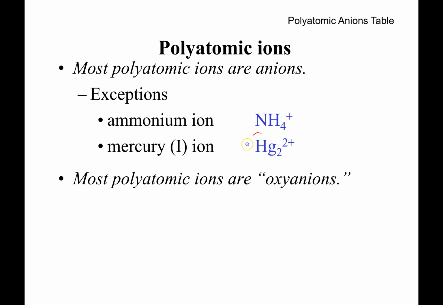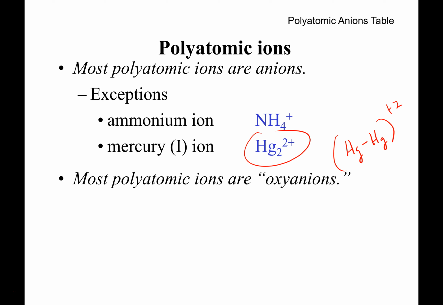The thing with this guy right here is he has a mercury atom and a mercury atom, so they're totally stuck together, but they are all running around collectively with a +2 charge. And so I think the reason we call it mercury 1 is you kind of think of that +2 as distributed among 2 mercury atoms, kind of +1 each.